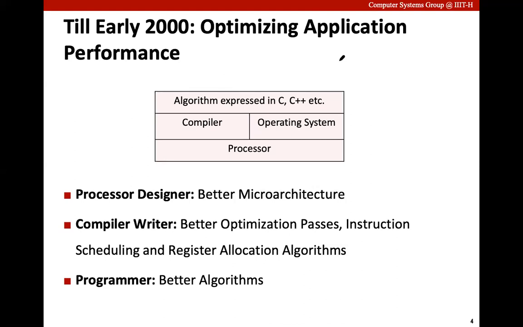So this is the standard thing. Processor designers know what to do: come up with better microarchitectures to exploit more instruction level parallelism. Compiler writers do instruction scheduling and other things. For example, in order to increase instruction level parallelism, one optimization that we do is loop unrolling. This is what the other day in the Halide talk they were talking about.